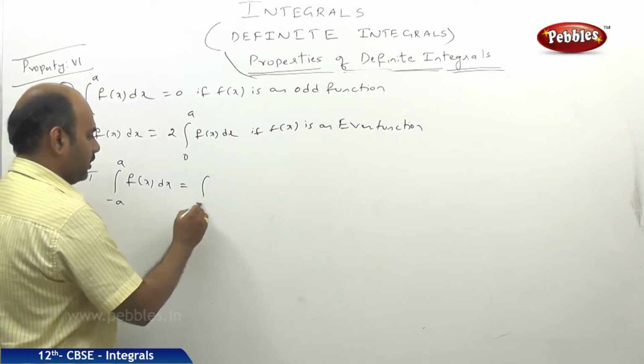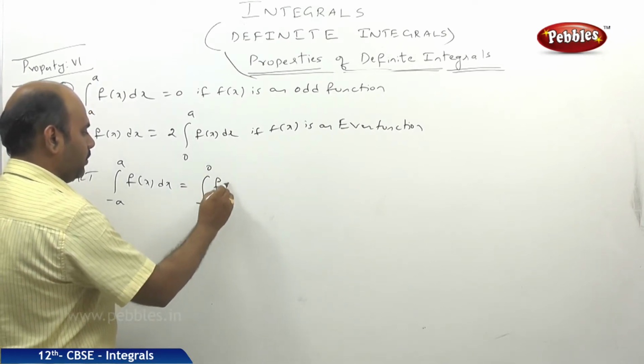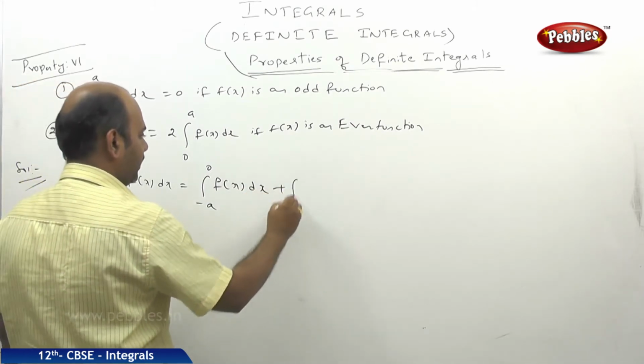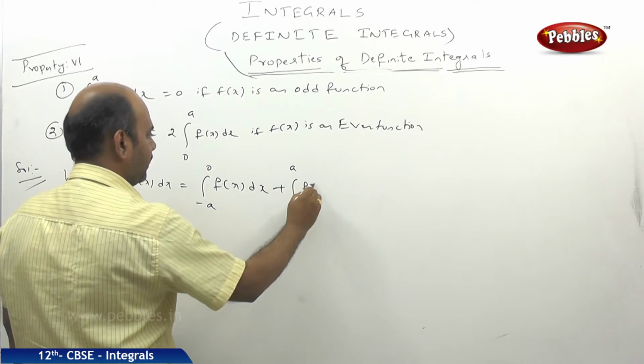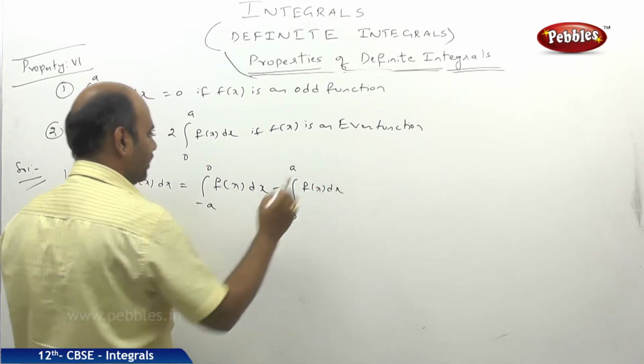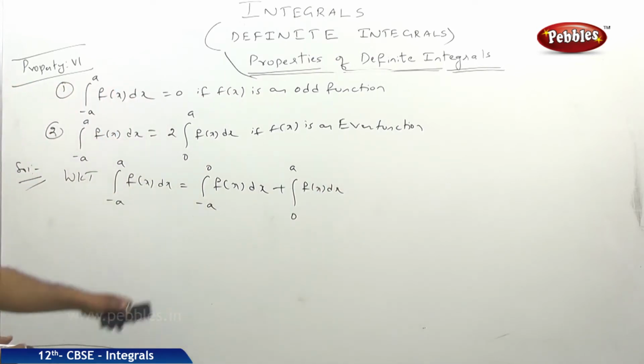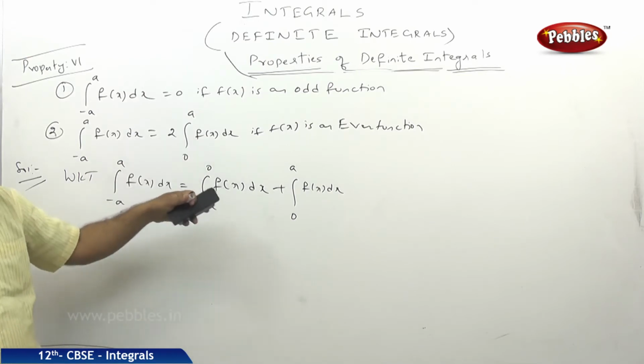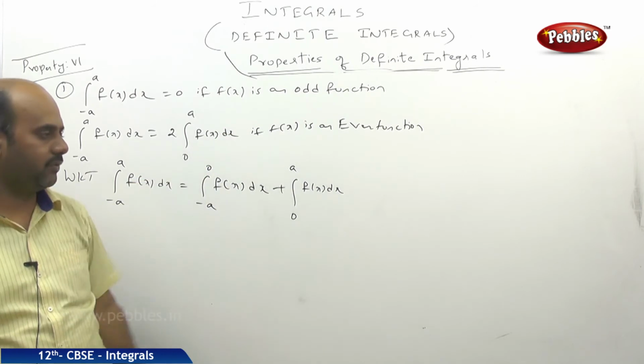So I will split this into two intervals: minus a to 0 f of x dx plus 0 to a f of x dx.